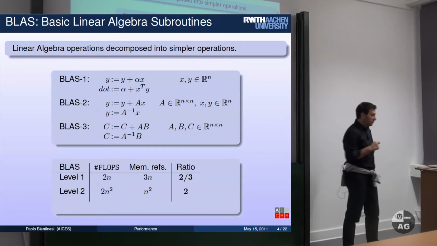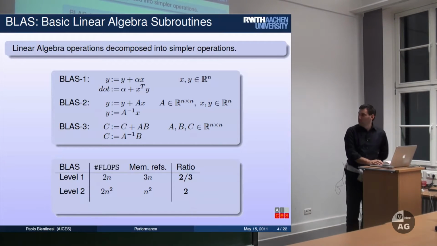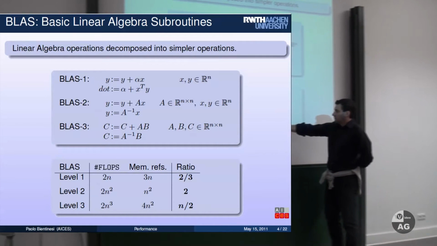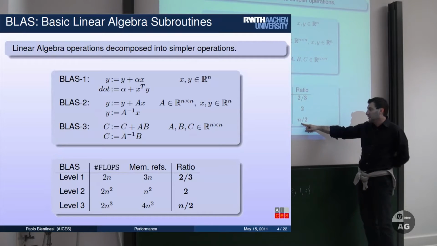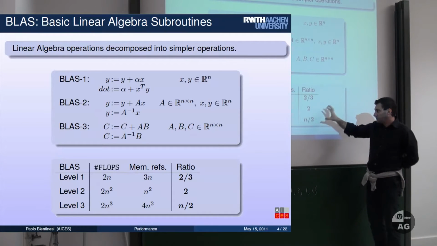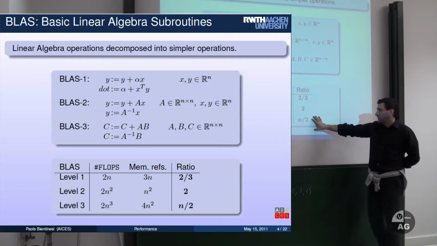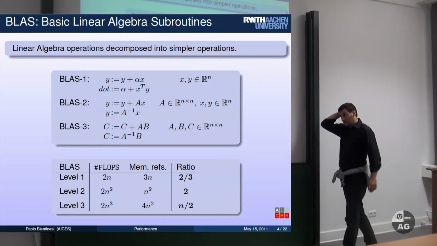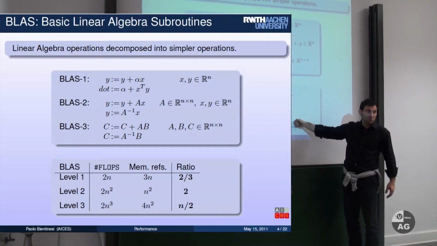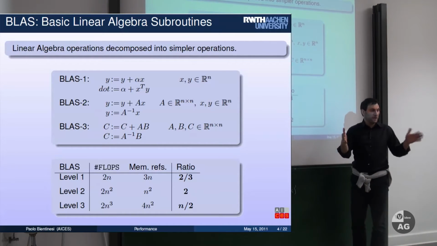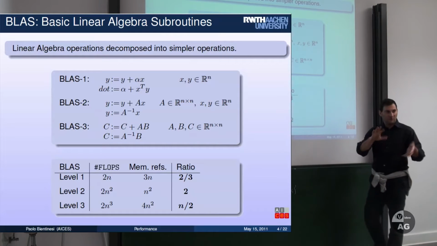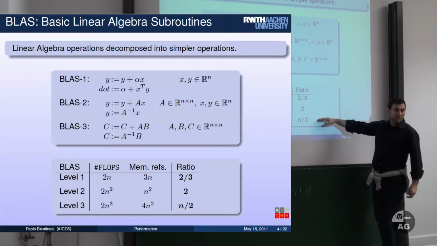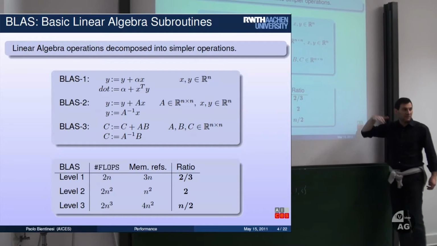N cube, yes, or precisely 2n cube. So now, all of a sudden, we have an n in the ratio. So it turns out that the larger the matrix is, the better the situation. That's why BLAS 3 is so important. And that's why you want to use BLAS 3 and you want to make your problems as large as possible. You're not going to get very good performance for super small problems, but when your matrices start being in the neighborhood of 100, 150, 200, even better, you get GEMM to be almost as fast as the theoretical peak.